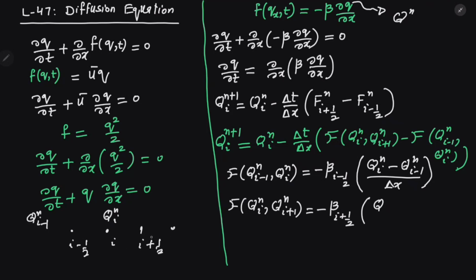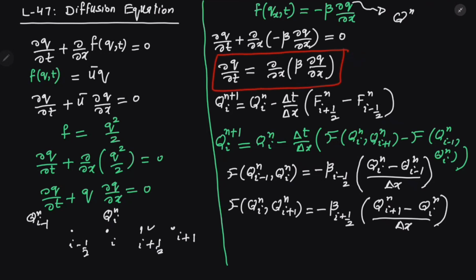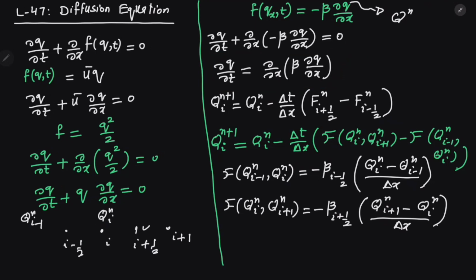So if we have i plus 1 half and we have i plus 1, it can be computed from q n i plus 1 minus q n i divided by delta x. That's how we compute flux for the diffusion problem. Remember that diffusion means we have a second derivative for x.